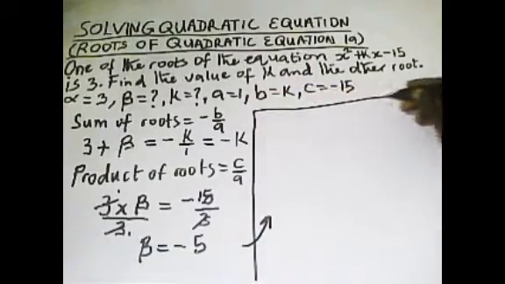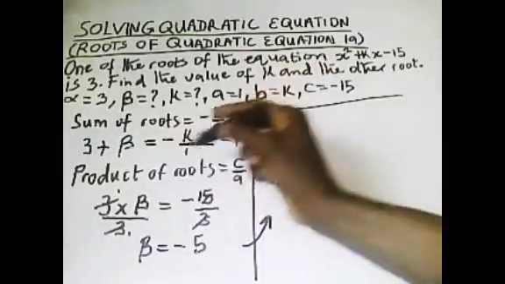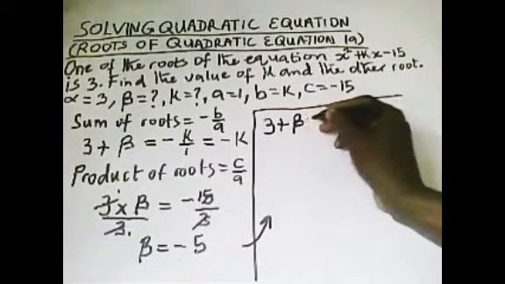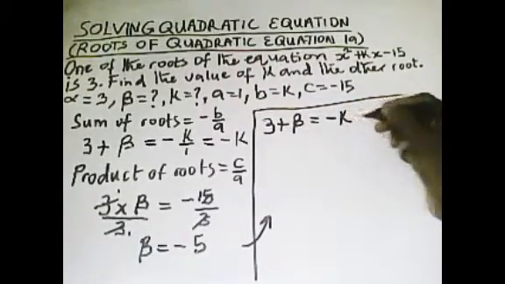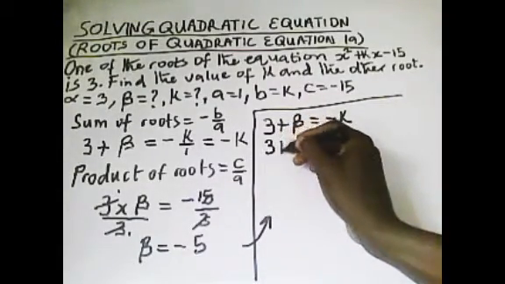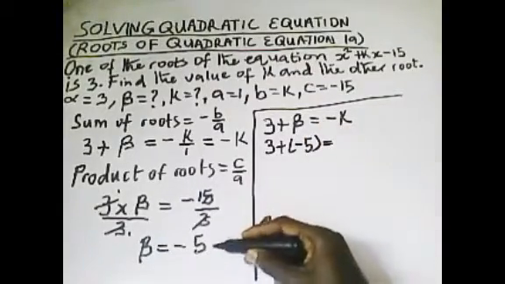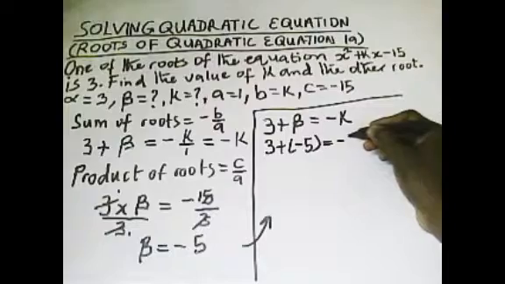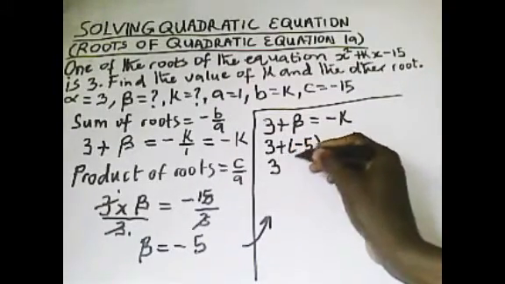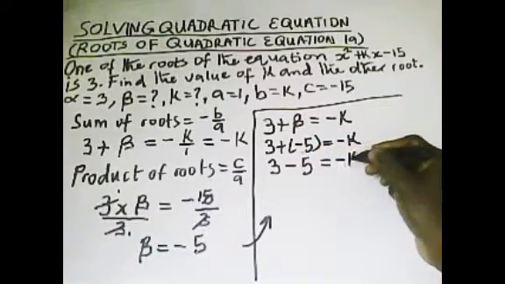Now what we are left to do is to get the value for k, and the way we can get it is from what we wrote here. Don't forget, at this point we have 3 plus beta equals minus k. We know the value for beta is minus 5, the result we just obtained. So 3 plus minus 5 equals minus k.